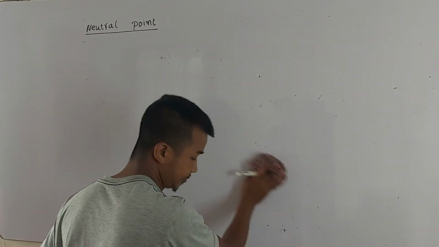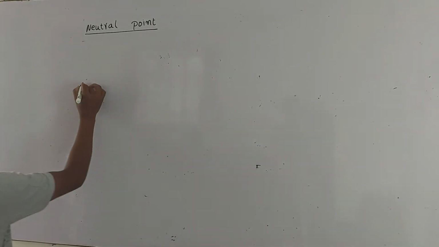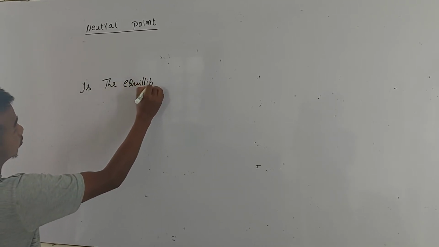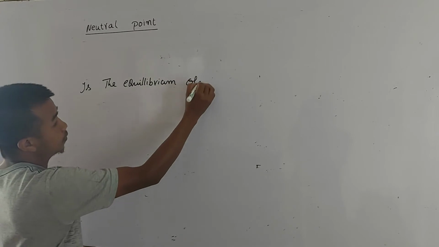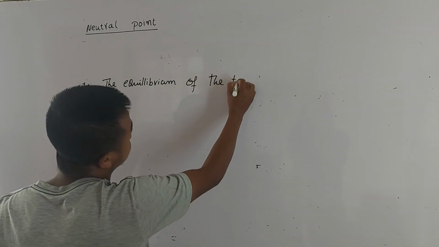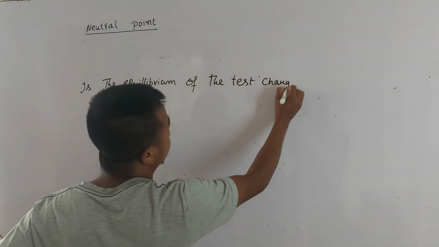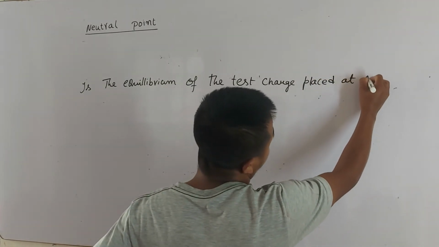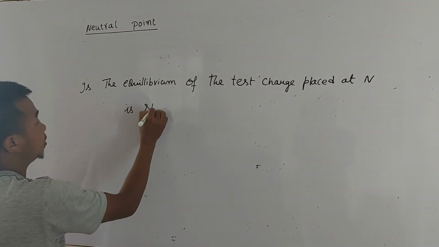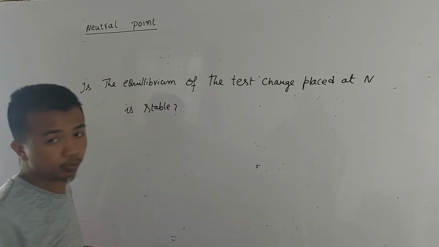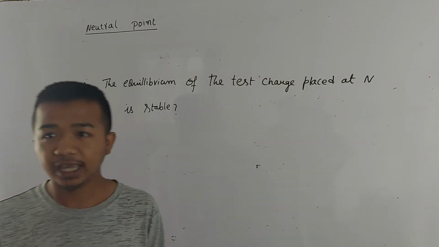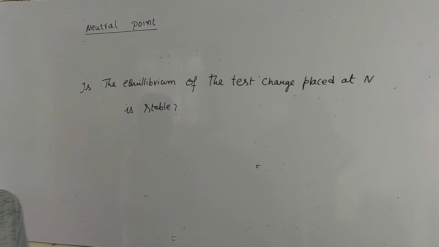So let us discuss what this means. Is the equilibrium of the test charge placed at N stable? Suppose a test charge experiences a restoring force in all directions, then the equilibrium of the test charge at N is stable.